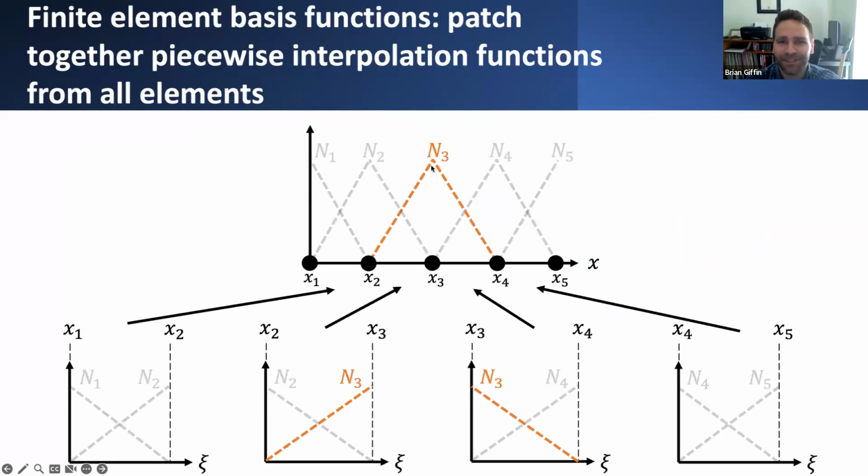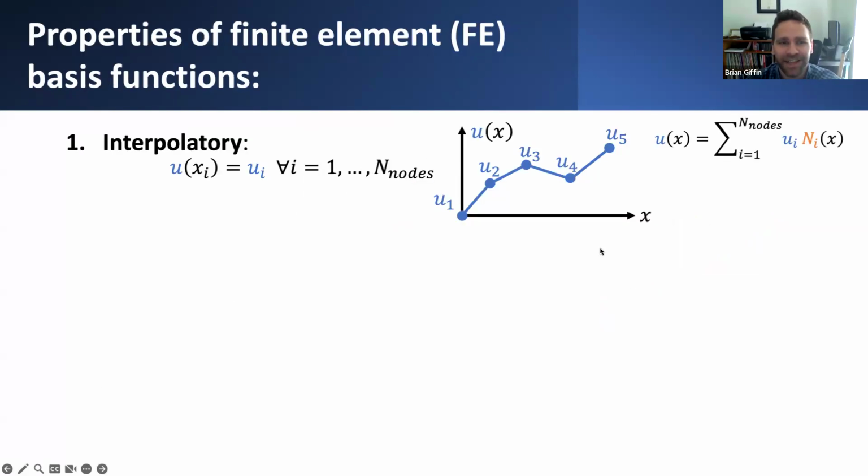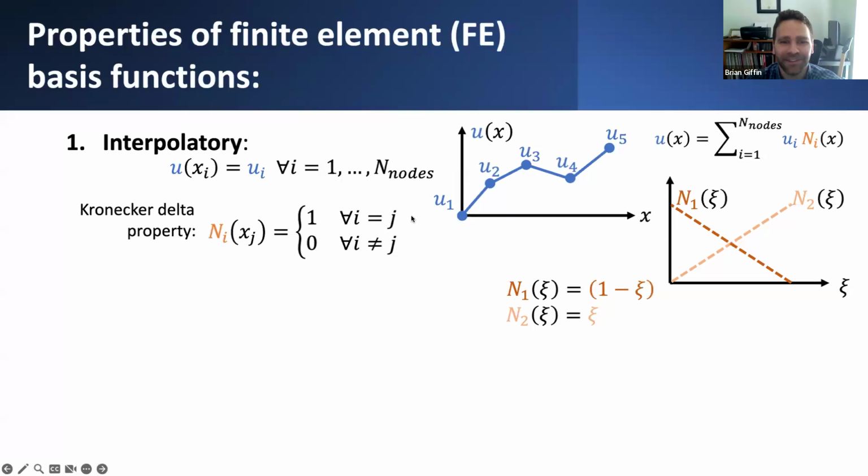This particular basis function has a value of 1 at node 3, and then at all other nodal values, x1, x2, x4, x5, this basis function is equal to 0. That's essentially what the Kronecker delta property is saying. My basis function is equal to 1 at the corresponding node that basis function is associated with, and it's equal to 0 at the other nodal locations.